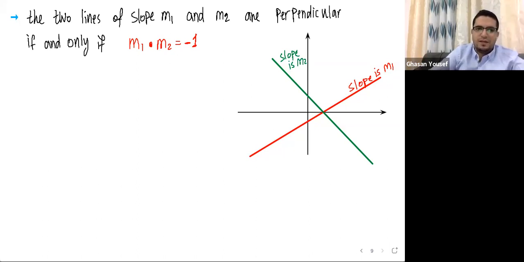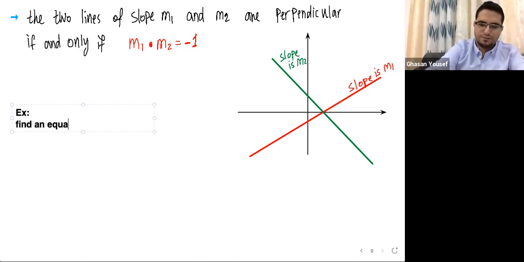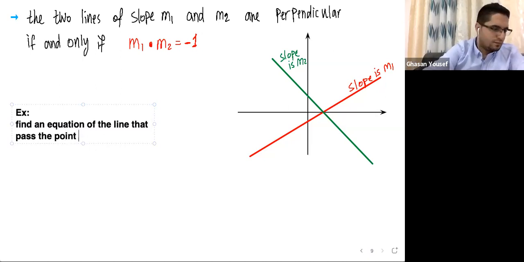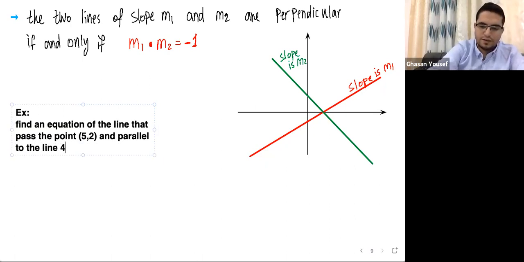So I give an example for this. My example now: find an equation of the line that passes through the point (5, 2), the ordered pair 5 and 2, and is parallel to the line 4x plus 6y plus 5 equals 0.